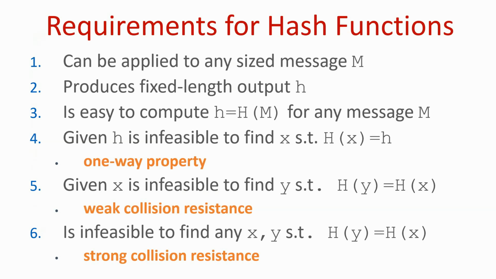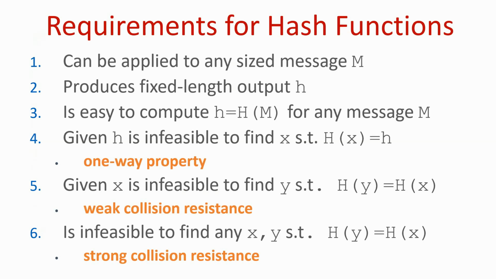For example, if you're transferring $100 through cryptocurrency, someone can find another message that, for example, transfers $1,000 or $1 million, but would have the same hash. Obviously, this is possible when you use hash functions, but as we said, it should be computationally difficult to find this alternative transaction or this alternative message that has the same hash.